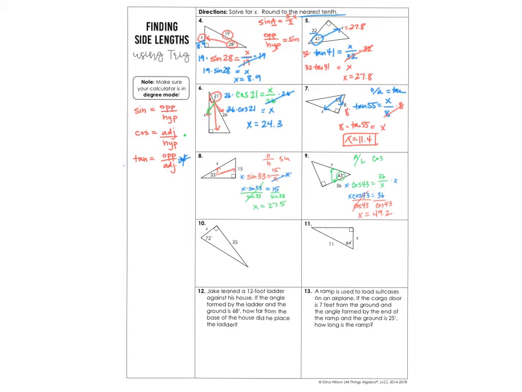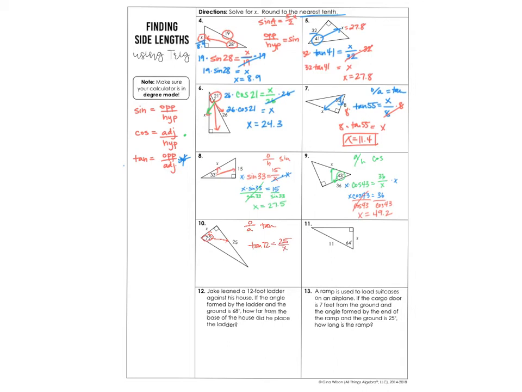Okay, 10 and 11 should work one of the two ways that we've worked them out. So let's look. All right, we're given the angle 72 degrees. We are given the side lengths opposite and adjacent. Opposite and adjacent is our tangent function. So tangent of 72 equals opposite, which is 25, over adjacent, which is x.